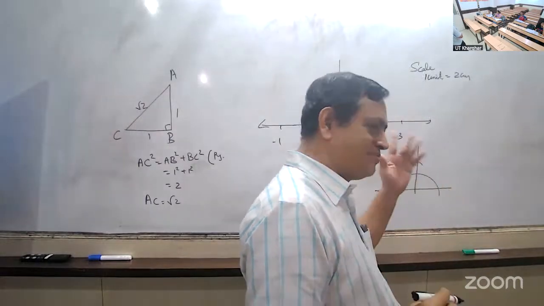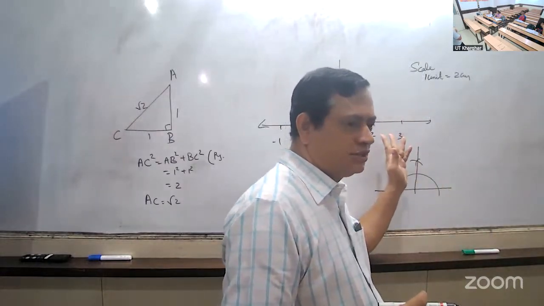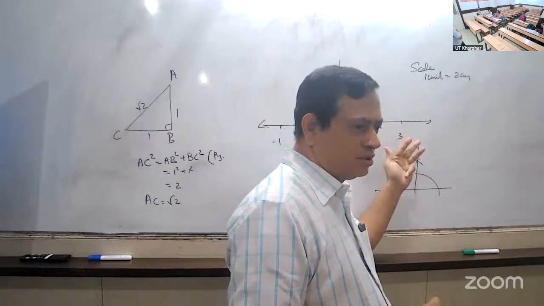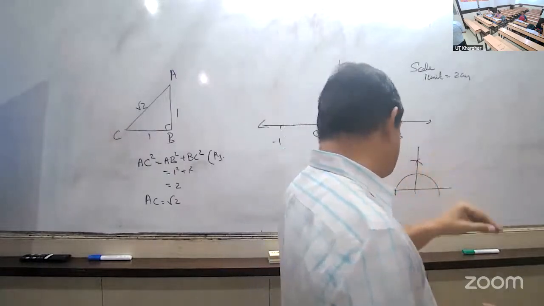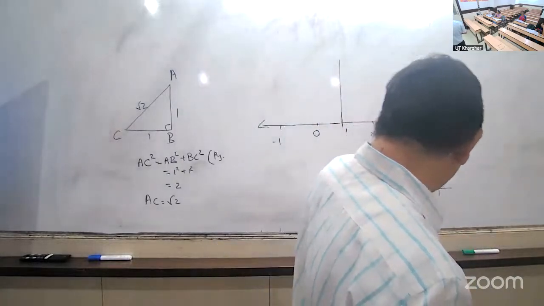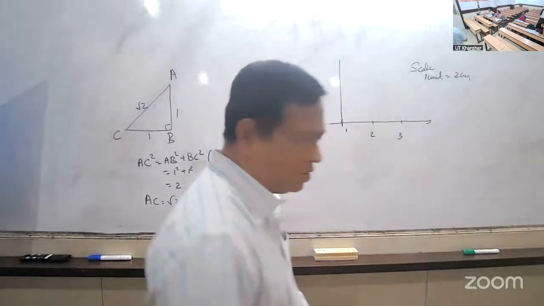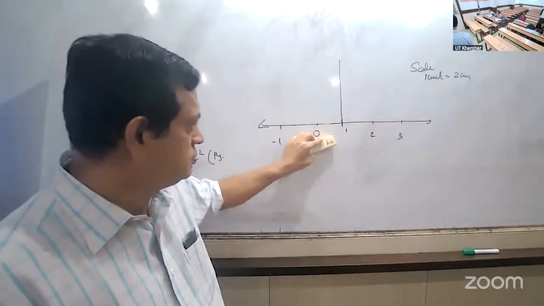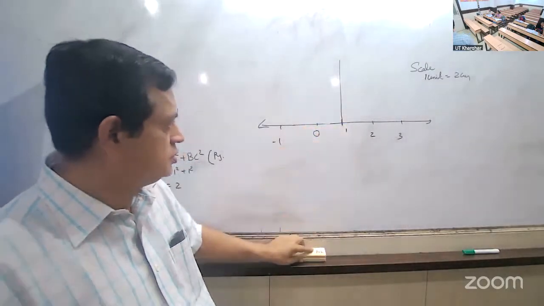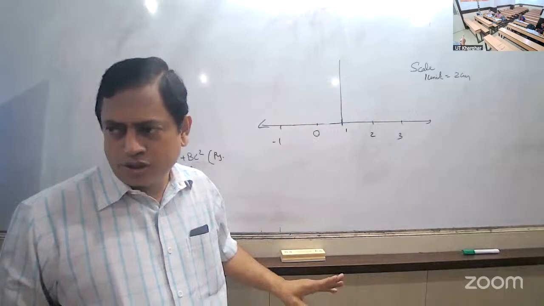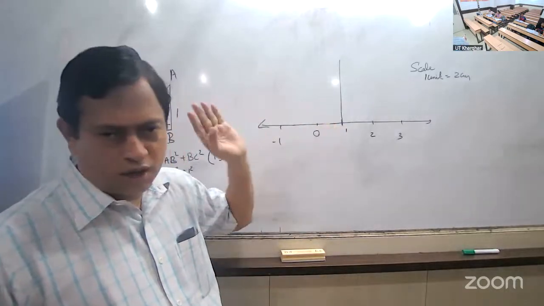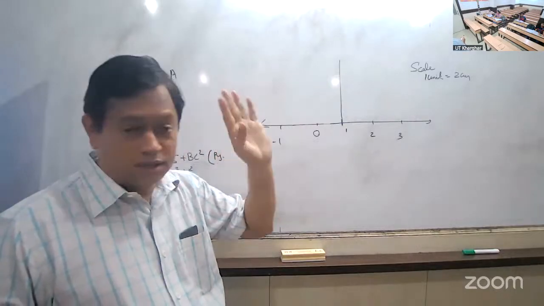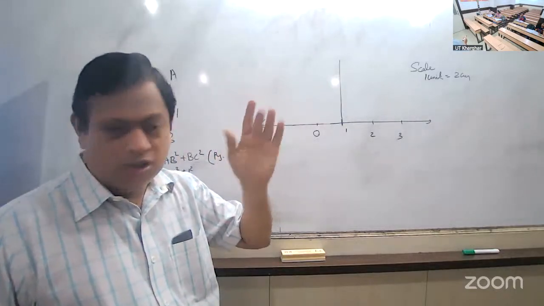When did you study construction? Sixth standard. After that, no constructions. Constructions are deleted from the syllabus. Okay, so you will draw the perpendicular. Use the protractor and make 90-degree. That much is clear.